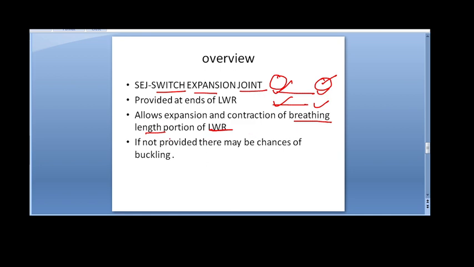And if this SEJ was not provided, what will happen? The track wants to expand or contract, and if space was not there, then it will buckle, like this. So these are the things we have covered regarding SEJ.